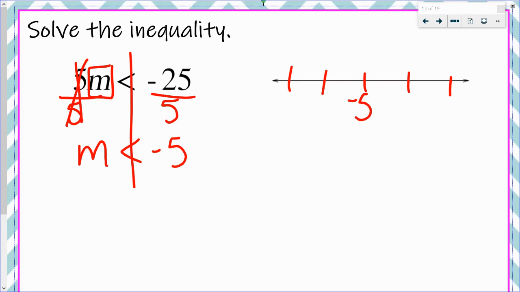So we have negative 5, negative 4, negative 3, negative 6, negative 7. So it's less than. So we do an open circle, shading to the left. Good.